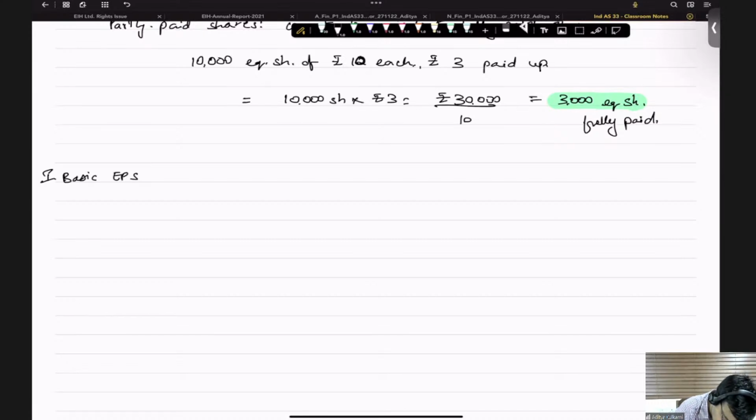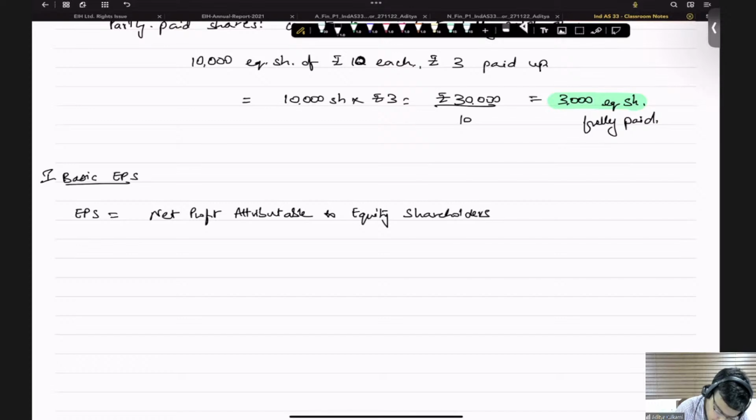EPS is equal to net profit attributable to equity shareholders divided by what we have seen just now, weighted average number of equity shares.